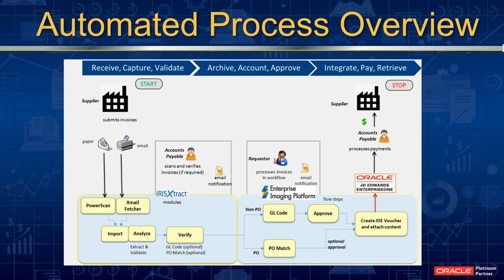The first step that takes place is with our Iris Extract, which is the Canon OCR, or optical character recognition technology. The Iris Extract now takes that invoice and extracts the data off of it. It's taking that extracted data and validating that information against the master data from JD Edwards that we have internalized into our solution on a day-to-day basis through a batch job.